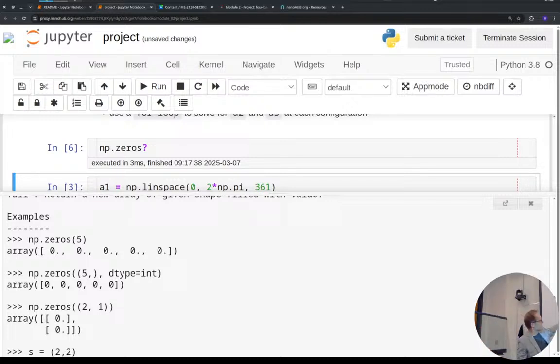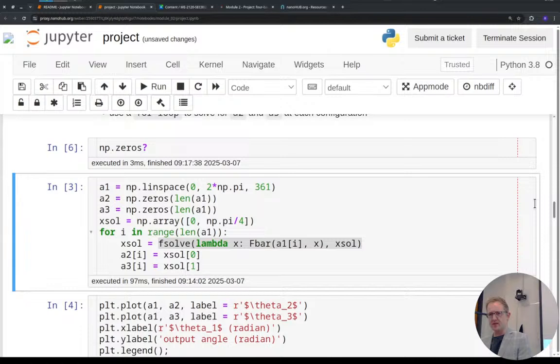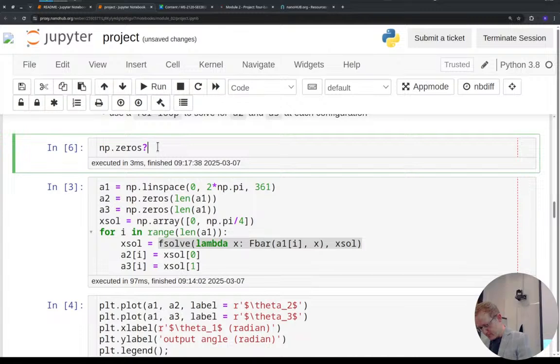So np.zeros of 5 gives me 5 zeros. np.zeros of (2, 1) is going to give me 2 rows and 1 column of zeros. It just fills up an array full of zeros. That process in general is called initializing your array. We don't have to worry about it.